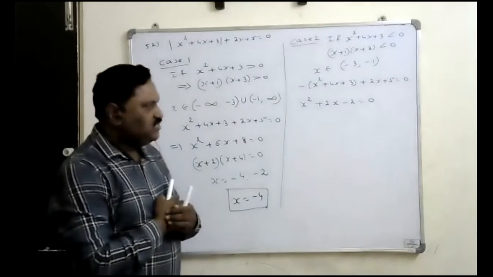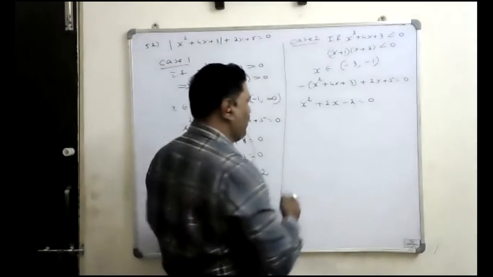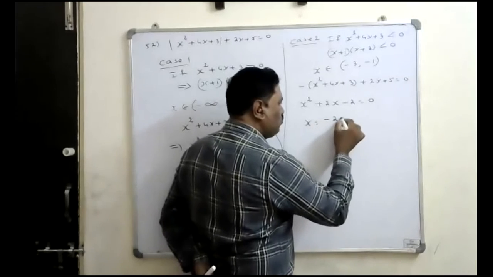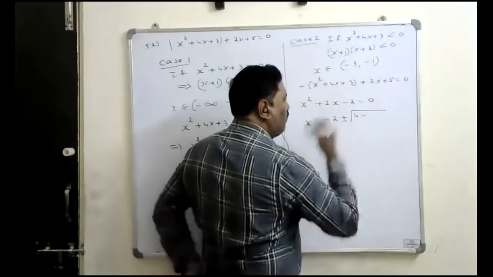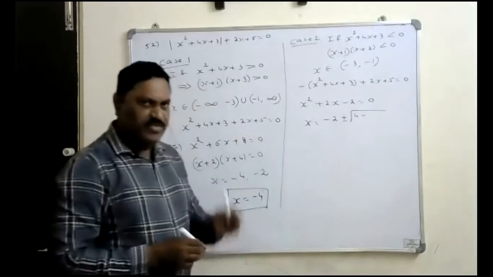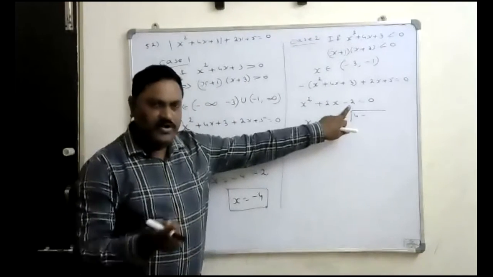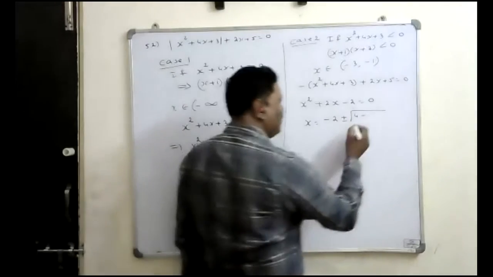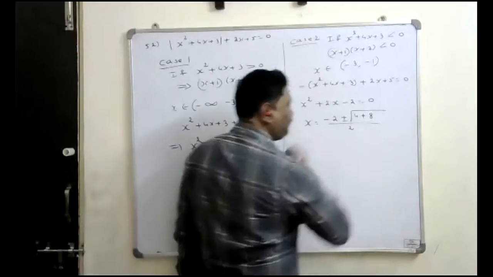Since this is not giving factors directly, we will use the formula minus b plus or minus root over b square minus 4ac. Therefore, x is equal to minus b means minus 2 plus or minus root over b square means 4 minus 4ac, 4 into a is 1, c is minus 2, so 4 into 1 into minus 2, that is minus 8, so plus 8, all by 2a.